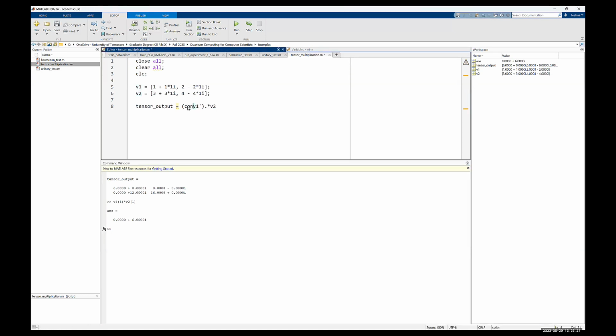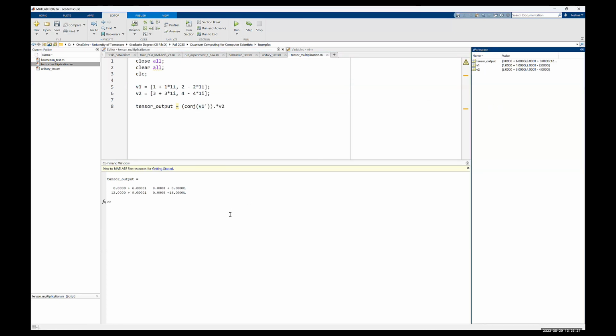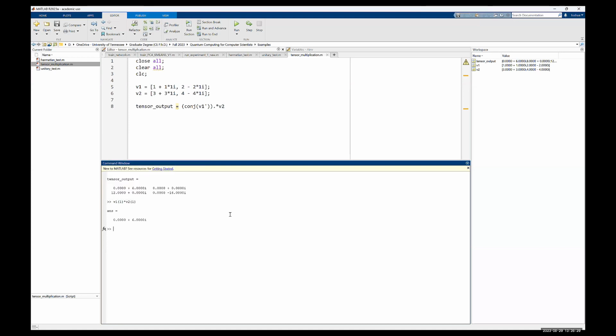I need to take the conjugate. If I take V1 of 1 times V2 of 1, I get 0.6. Then V1 of 1 with the second element of V2, I get 8.